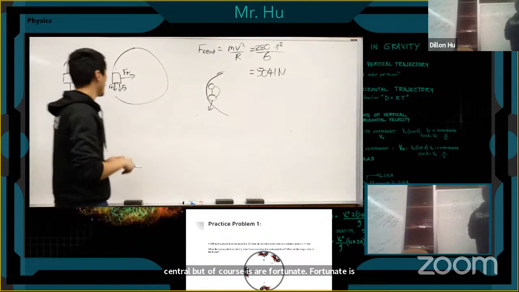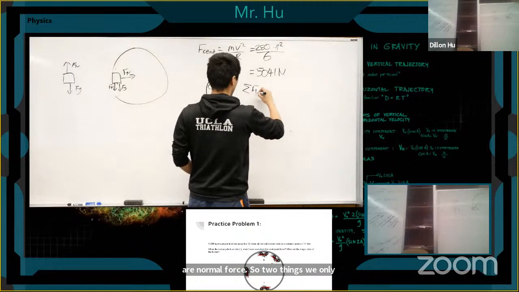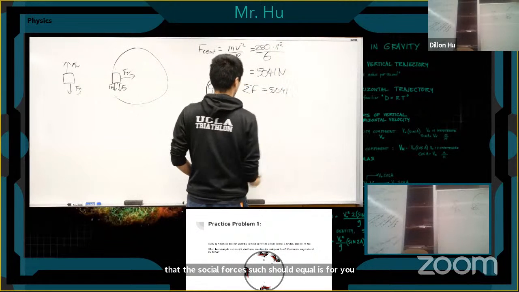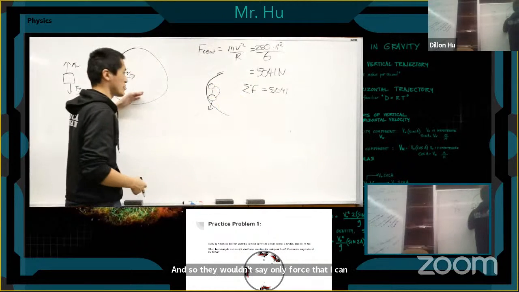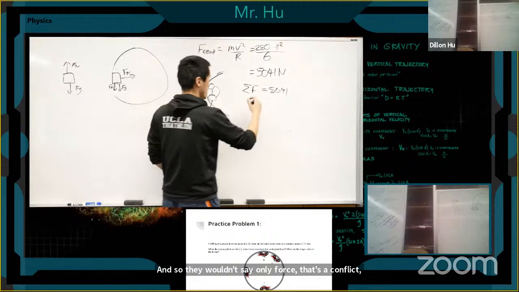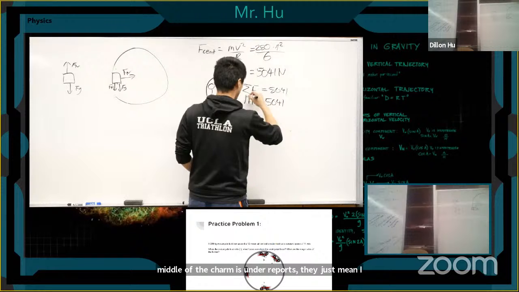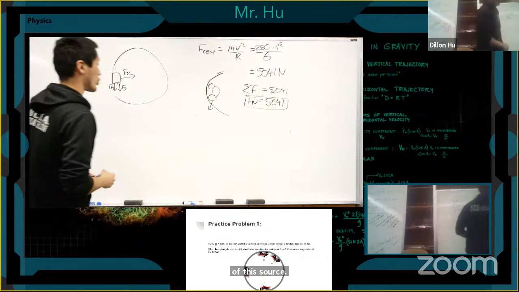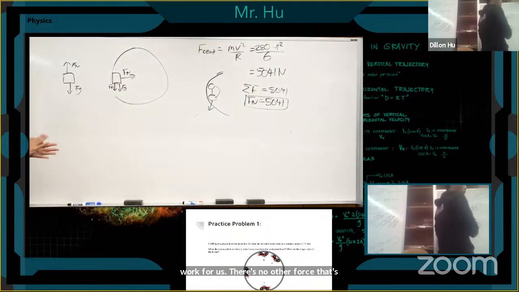So since we only have a normal force, the sum of all forces should equal 5,041. The only force pushing the motorcycle toward the middle of the turn is the normal force, so our normal force is producing the entirety of this force. This is the case where the normal force is doing all of the work for us. There's no other force contributing to the centripetal force in this particular section.